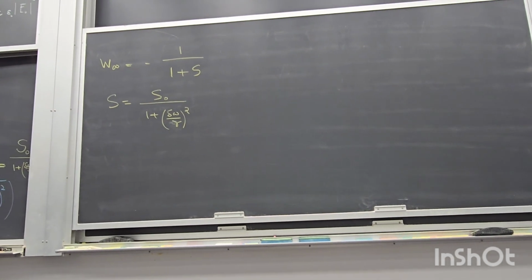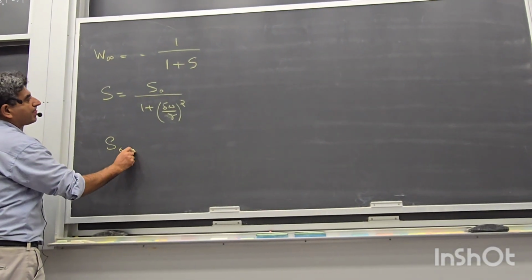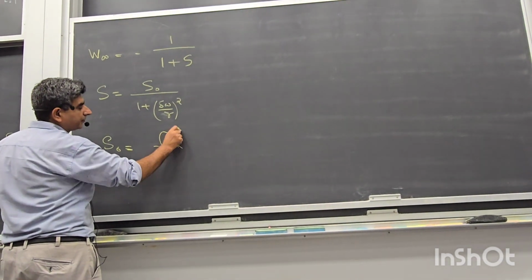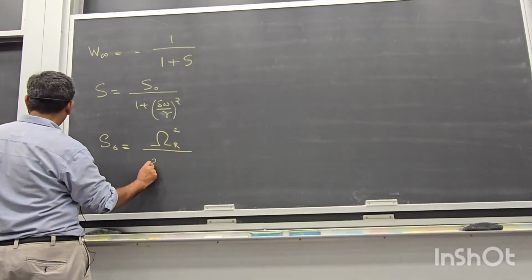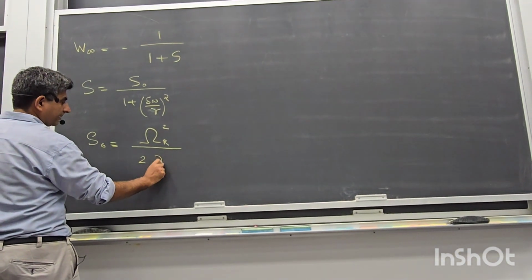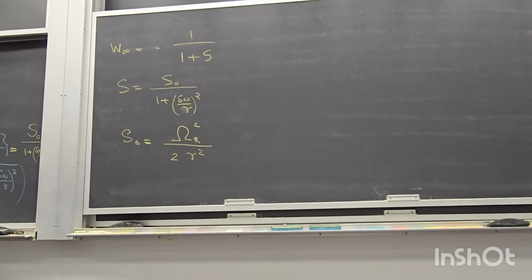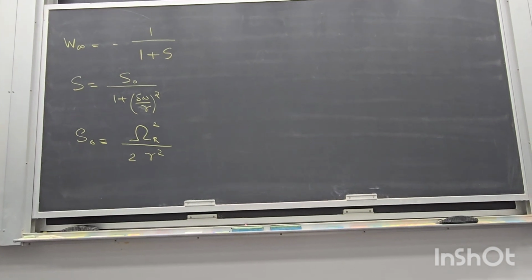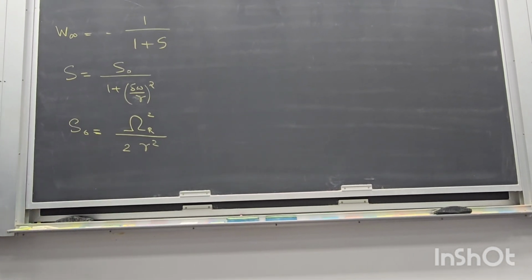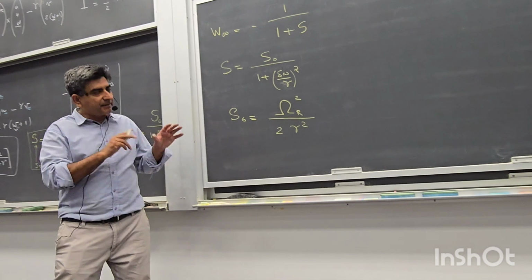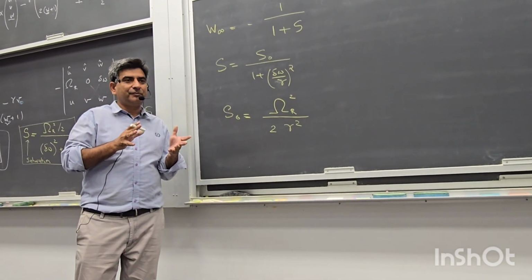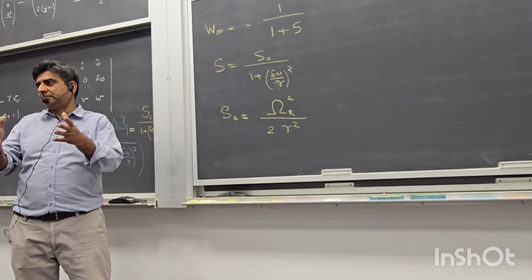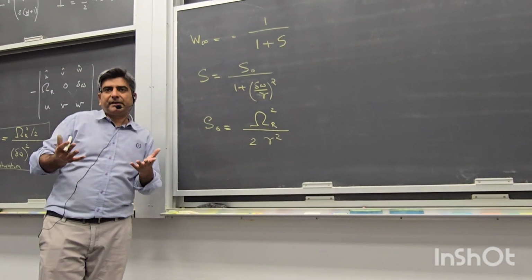Where S naught is given by omega r square over 2 gamma square. Correct? Now this S naught, the numerator is proportional to the incident intensity, and gamma square is proportional to some factor which is specific to the atom because there's a damping in it.